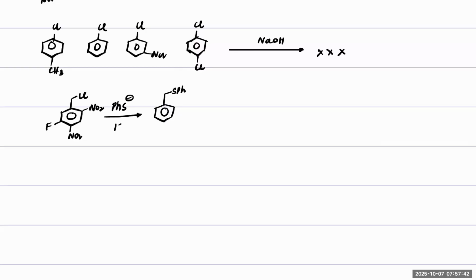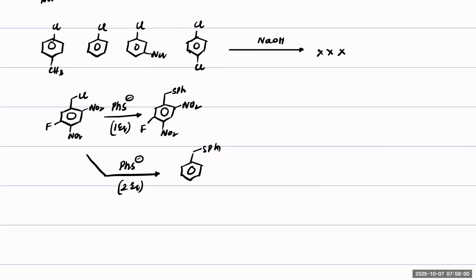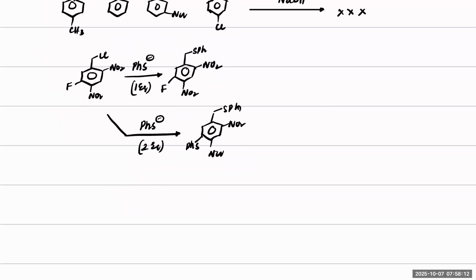So one equivalent will give you this, NO2, NO2, and F. But if I give you two equivalents of PhS minus, at that time both will get replaced. So that means here SPh will form, NO2 will be here, and here we'll get this as PhS minus attached. This is the product if you have two equivalents.